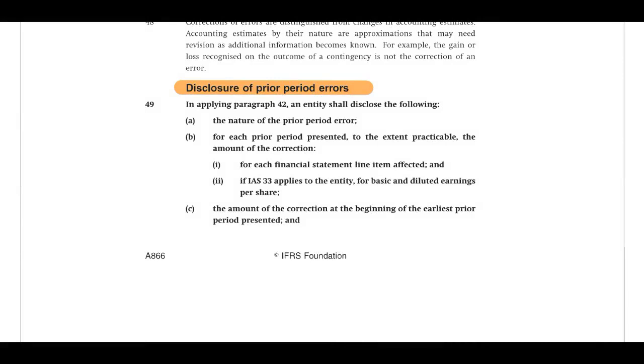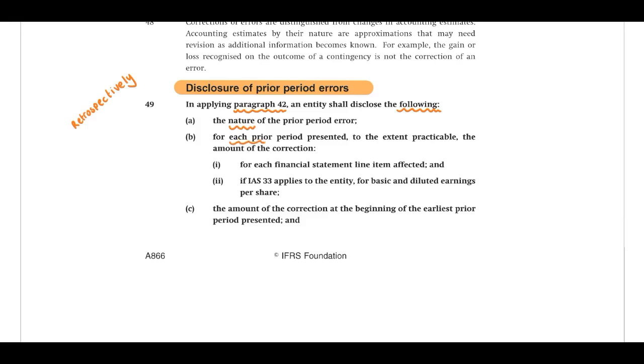In applying paragraph 42, an entity shall disclose the following. Now, paragraph 42 indicates to us that we need to correct an error retrospectively, therefore going back. A. The nature of the prior period error.